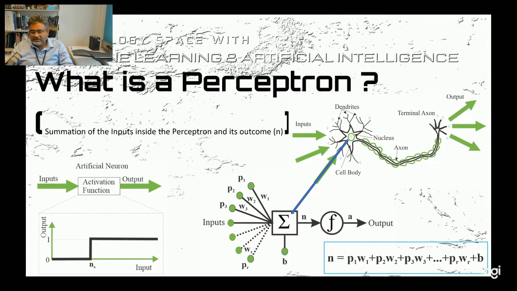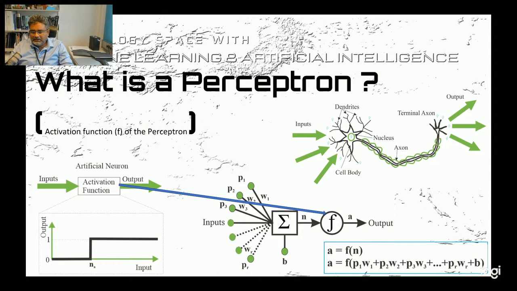So you can see this, assume that cell body of an artificial or biological neuron will add up all these inputs and the bias term coming into the neuron itself. That is what is represented by the first part of this perceptron.